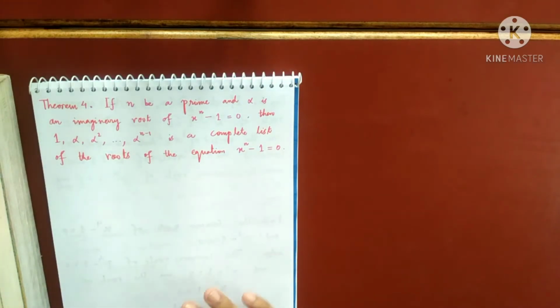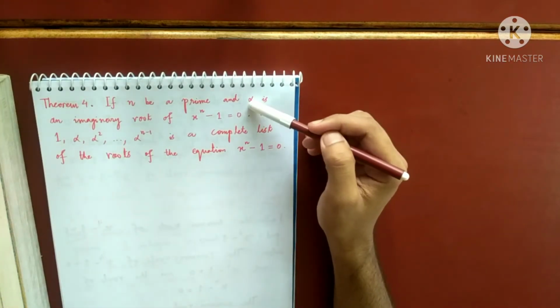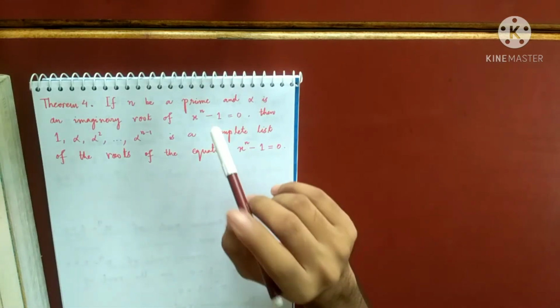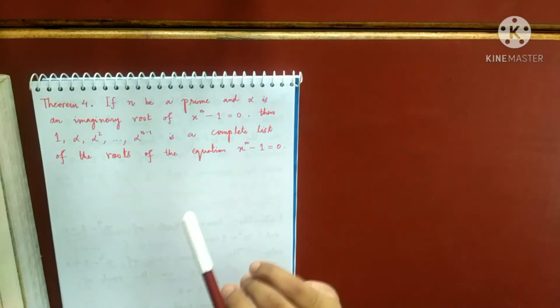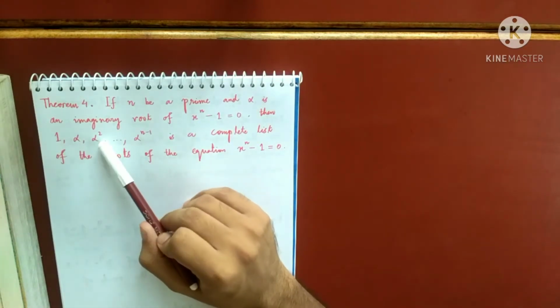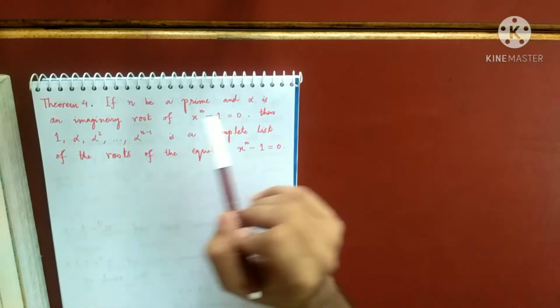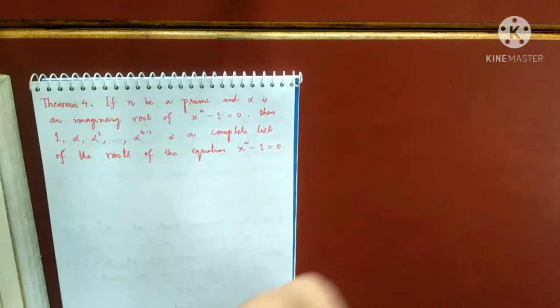The idea is very simple. If alpha is a root, then any power of alpha is also a root of this equation. This we have done in theorem number 1. So because alpha is a root, 1 is definitely a root, and alpha squared up to alpha to the power n minus 1, all are roots of this equation, right?